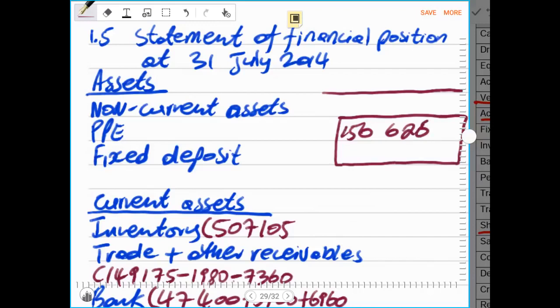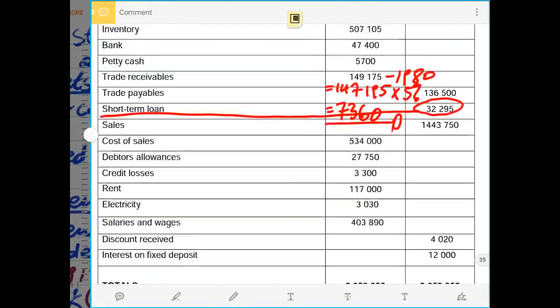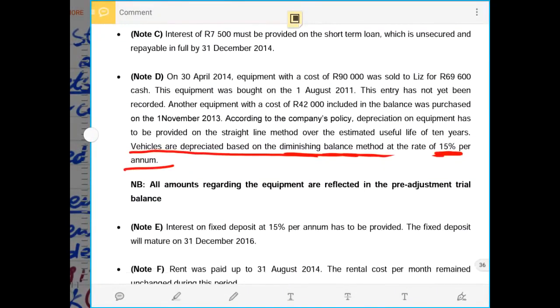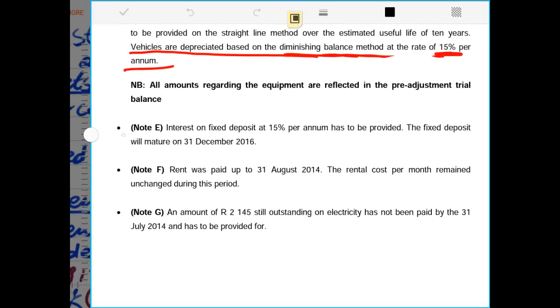So now we have captured that aspect, which is the major part of the question. Then from there we can continue with the statements that were given. So we have done number D, then we are doing number E. Number E says interest on the fixed deposit is calculated at 10% per annum and has to be provided.